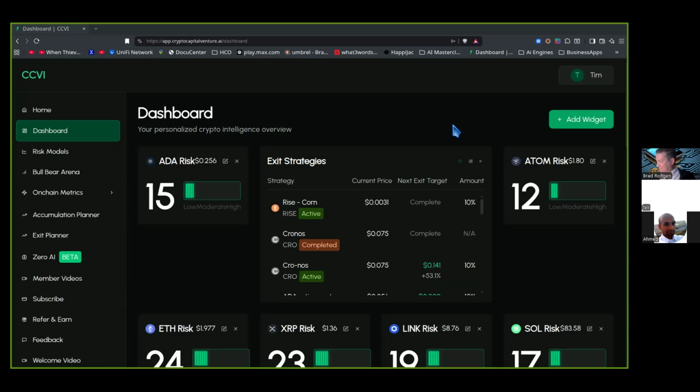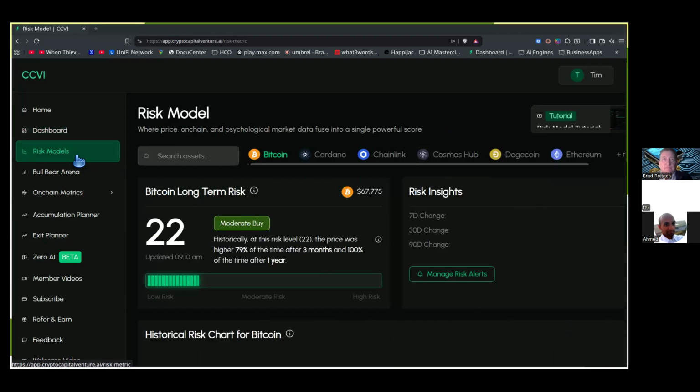Okay. So there's basically two different models that they have for selling your crypto. One is based off of risks, and that basically looks at all of this historical context, where the price is, what's happening globally on some level, and kind of where the market is.